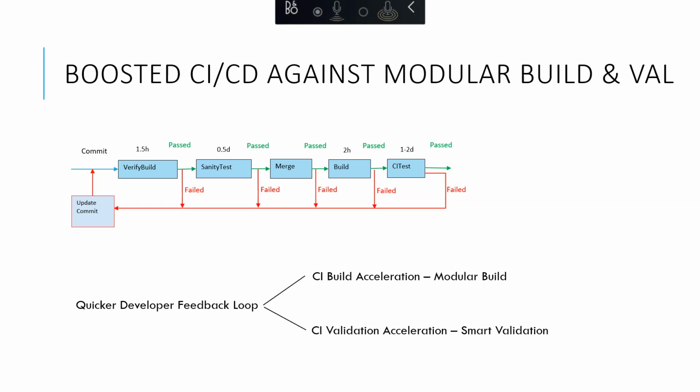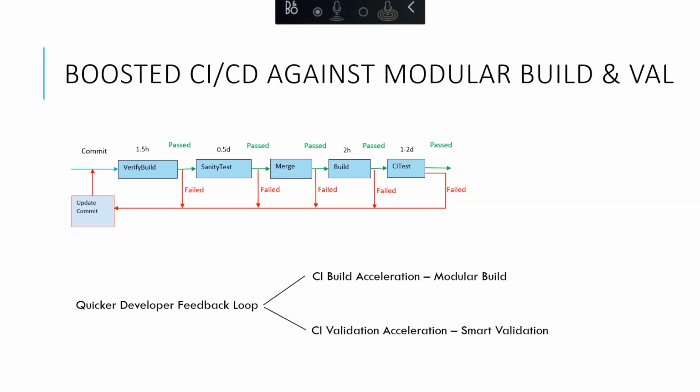Basically, we want to break the big software into small pieces, into different software modules. And for those modules, we can build them in parallel so that it can shrink the build time. This is what we call the modular build.